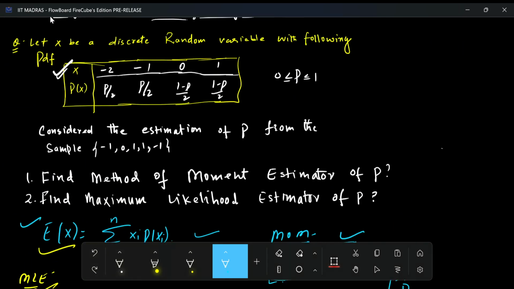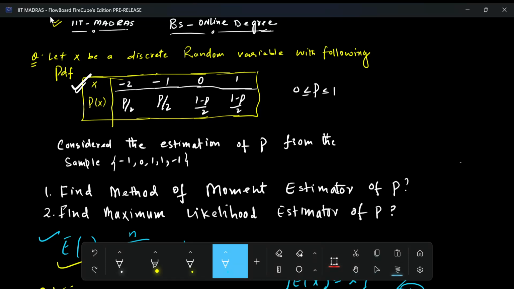We have 5 values, हमारे पास 5 वैल्यूज हैं, तो हम क्या लिखेंगे? -2 पे प्रोबेबिलिटी p/2, -1 पे प्रोबेबिलिटी p/2, 0 पे प्रोबेबिलिटी, तो ये तो 0 ही हुआ, and 1 पे प्रोबेबिलिटी 1 minus p/2. यही तो हमें देखना है.